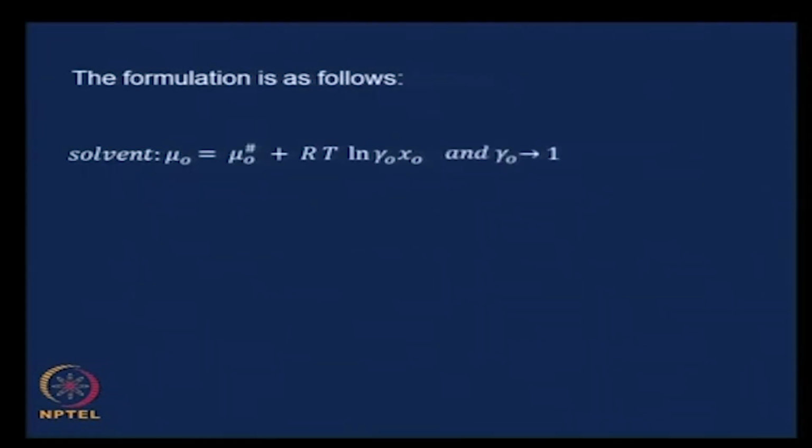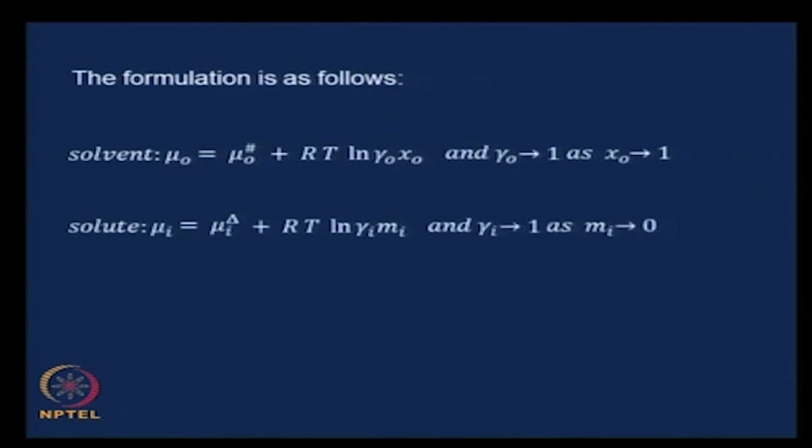This was the formulation for the chemical potential of the solvent and solute in terms of the special way for electrolytes. Solvent remains the same, whereas solute was mu i equals mu i triangle plus RT ln gamma i Mi, where Mi is in molal units. We are going to look at this particular equation now.